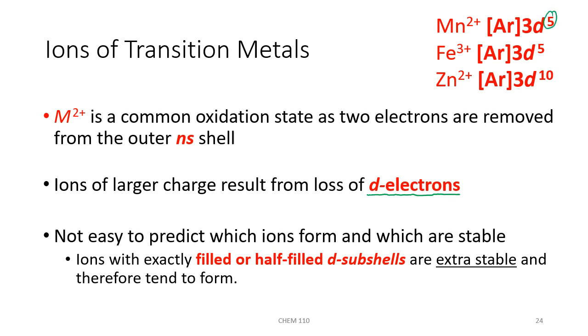That 3d5 represents a completely half-filled d subshell. Zinc 2+ forms because it just loses its 4s electrons, and what it's left with then is [Ar] 3d10, and having a completely filled d subshell is particularly stable. So which ion a transition metal forms is dependent upon how stable the electrons that it's left with are.